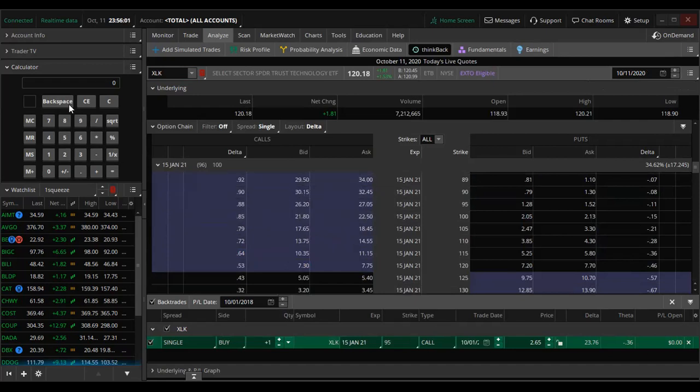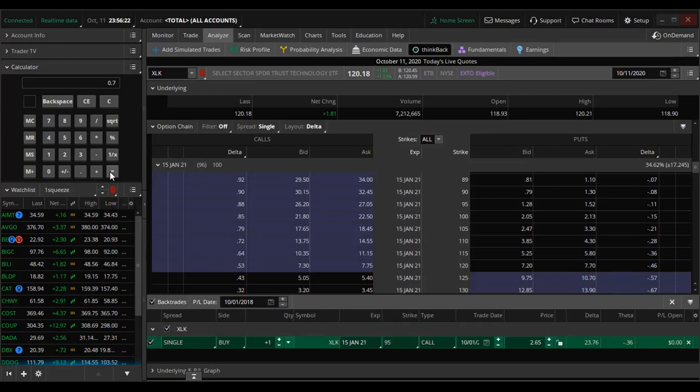So let's see what the spread is in between these two. 22.50 minus 21.80 will give you 70 cents.